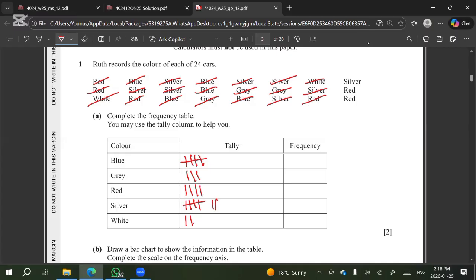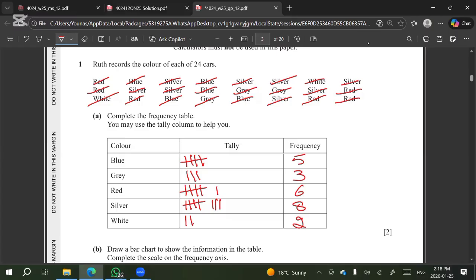So I will put the fourth one here. The silver. Put a tally here. Red. Okay. So this one, okay, again red, this one. So this will be 5, this will be 3, this will be 6, this will be 8, and this will be 2. So this is how you will do the question number one.